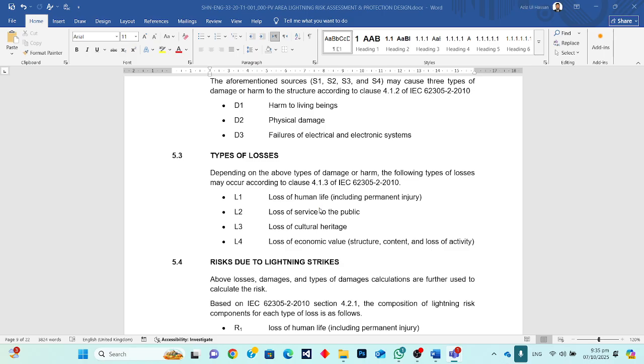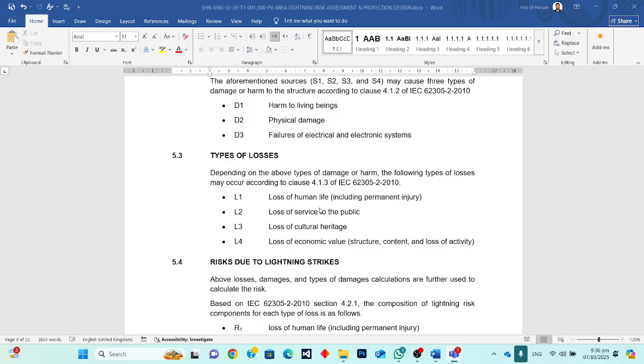Maybe they will die, or be permanently injured due to the lightning strike. The second one is the loss of service to the public, like electricity, which will be damaged through the lightning strike.